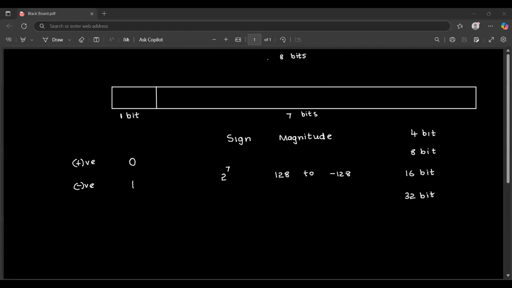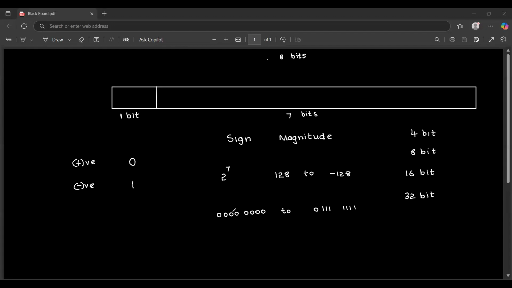But we can't actually do that. You can represent from 0000000 to 01111111.